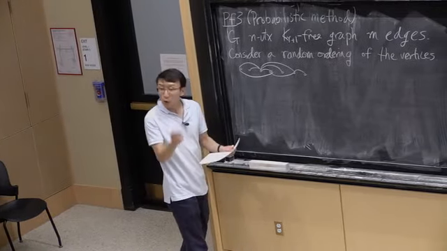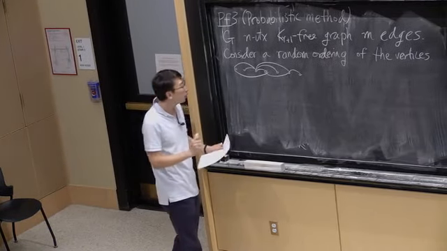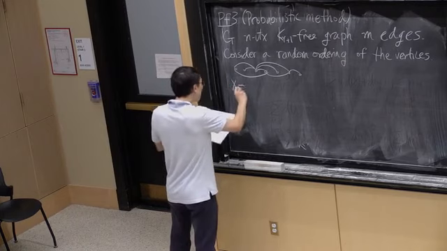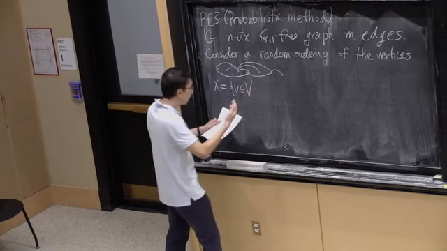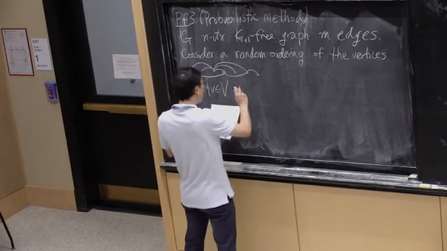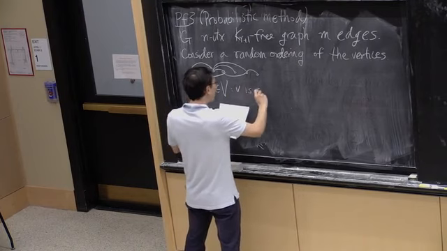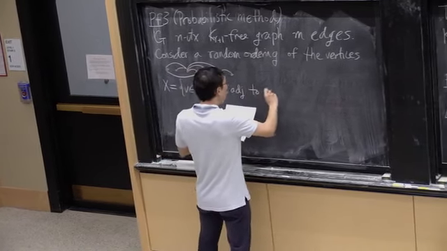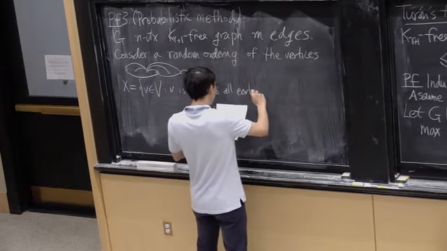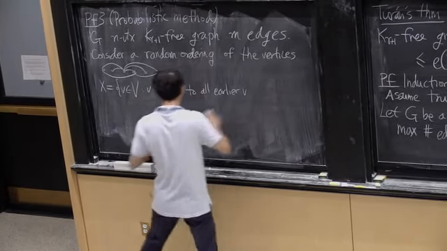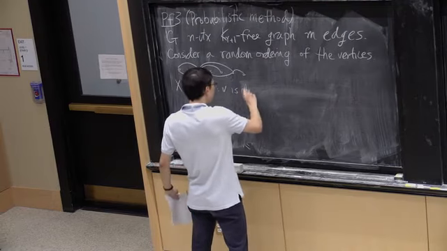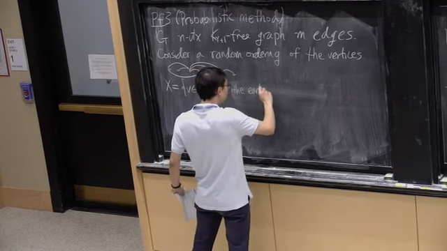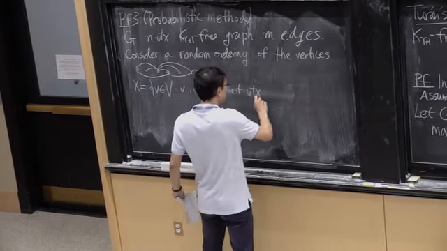Let me show you how to find a clique. Essentially, we do it in a not so smart way. Namely, I pick the vertices in some greedy-like manner, where I include the vertex in my set if it is adjacent to all earlier vertices. So I include V if V is the earliest vertex among its neighbors.